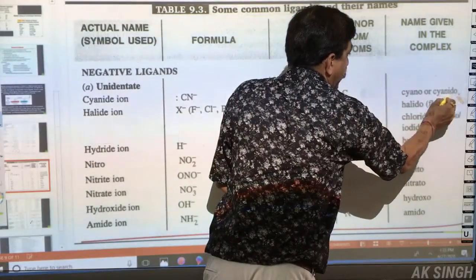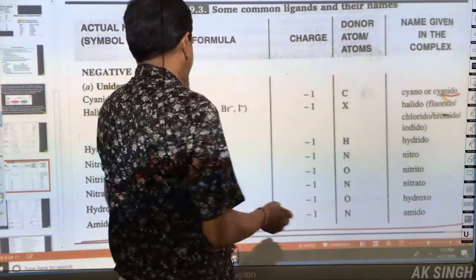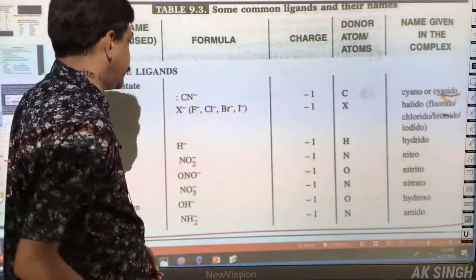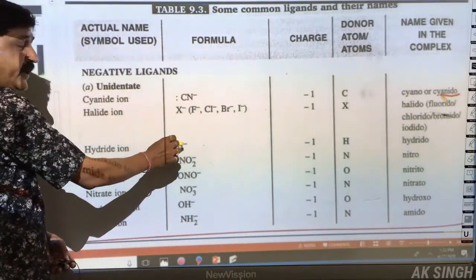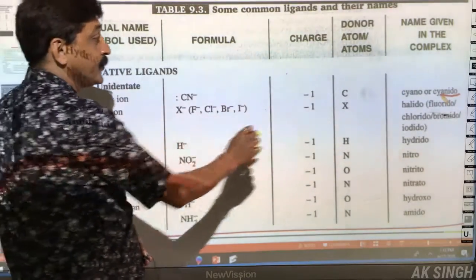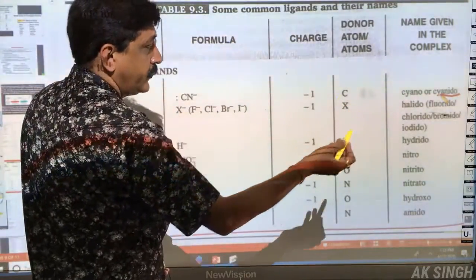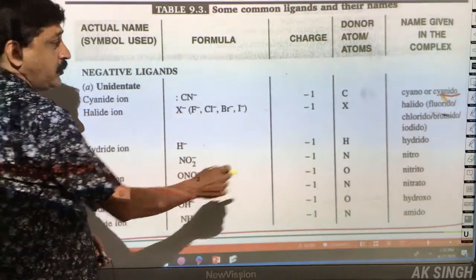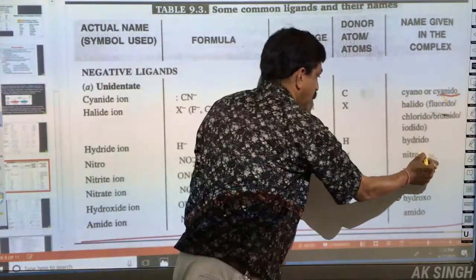This one is mentioned in NCERT. Fluorido, chlorido, bromido, iodido having minus 1 charge. H negative, the hydride ion, not positive, is called hydrido. Just like that, we have to replace the e with o. Then nitro, simply nitro.